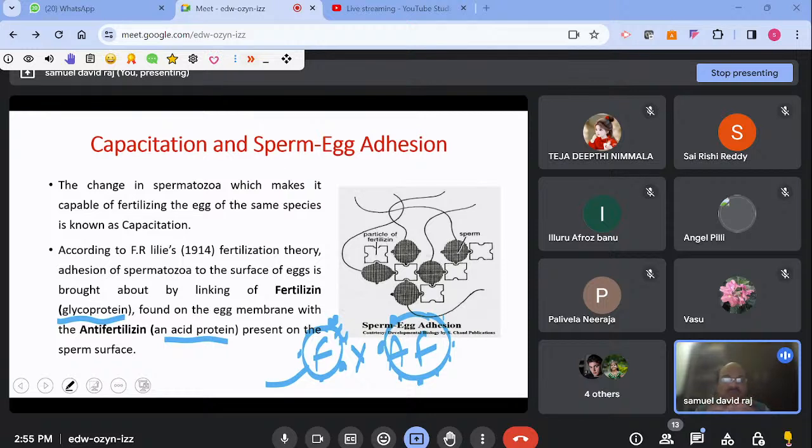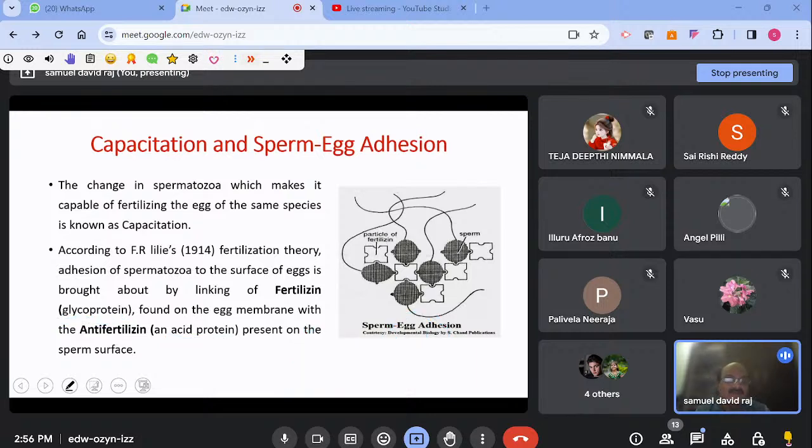Thus, the union of gametes from different species is prohibited, reduced, or minimized because of a phenomenon called capacitation, where the sperm with its fertilizin comes in contact with the egg of the same species and adheres to the egg with the help of the anti-fertilizin.